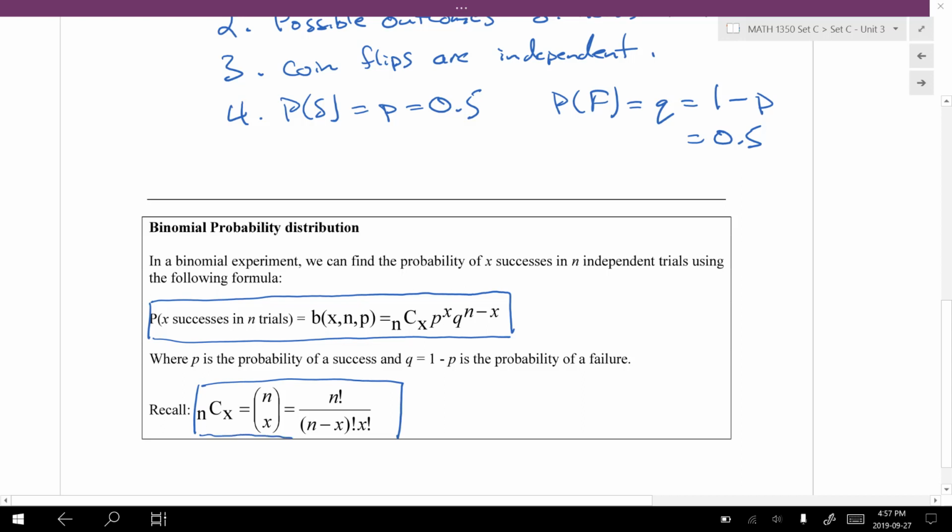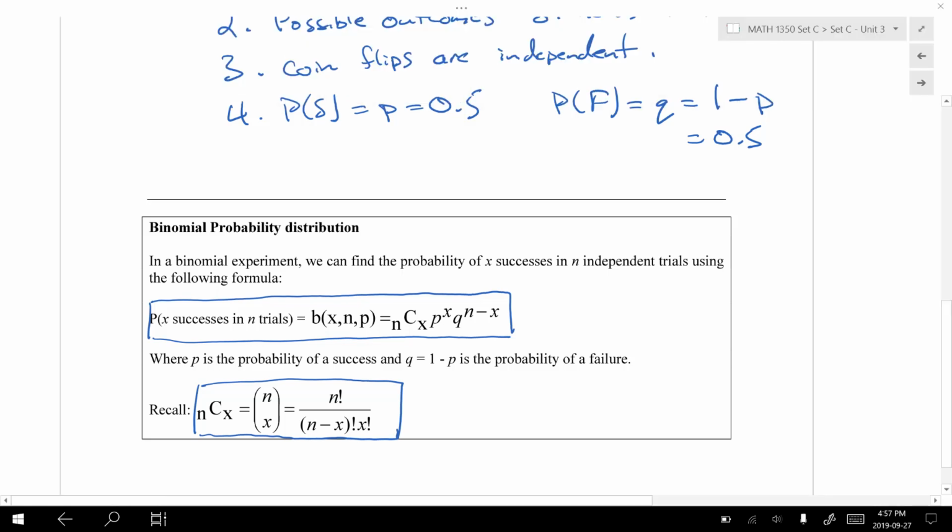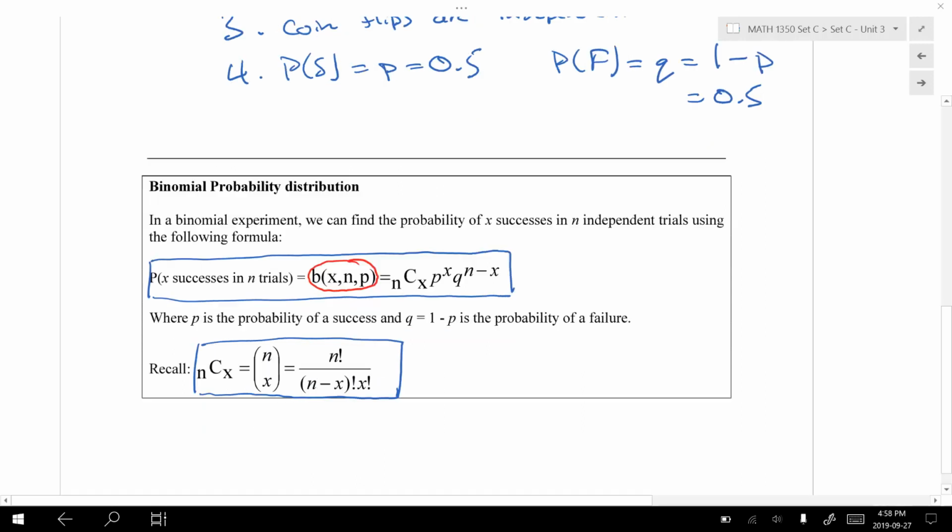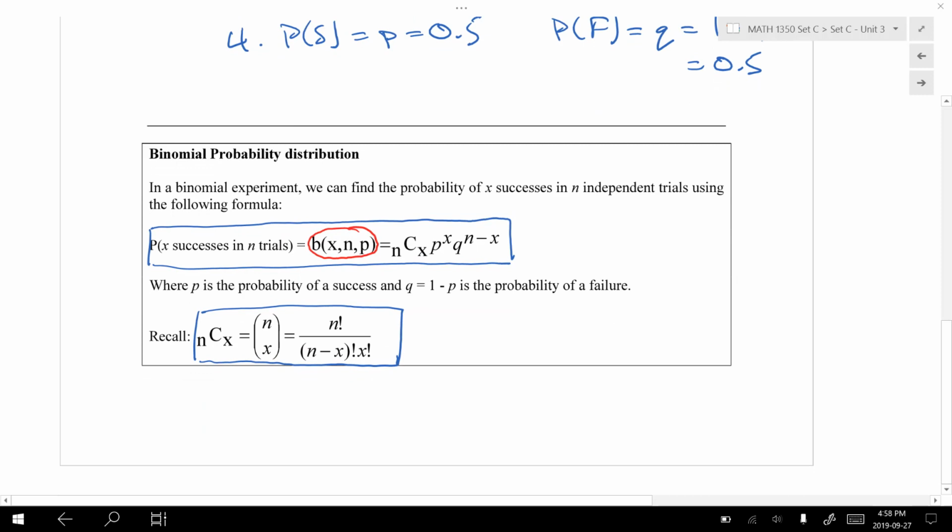We see here we're using nCx, the combinations, so somehow we'll need to include a little bit of combinatorics, as well as probabilities p and q to some powers. I'll make a quick note to say that sometimes it's denoted in this way, B(x; n, p), for either binomial or Bernoulli. You may be using this kind of notation and this kind of formula on the quiz. So we can look forward to that.